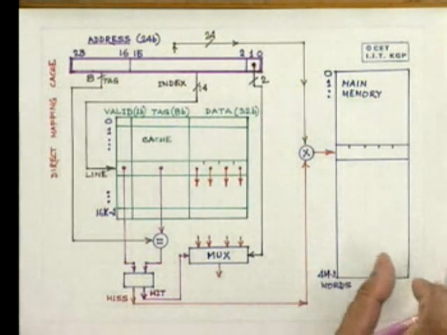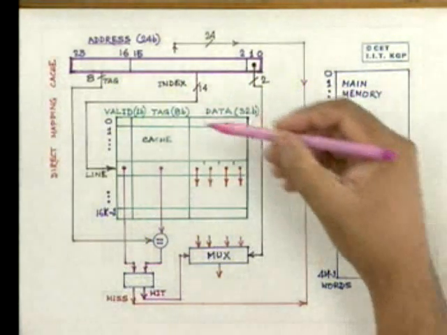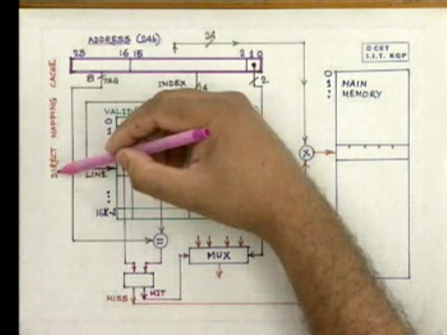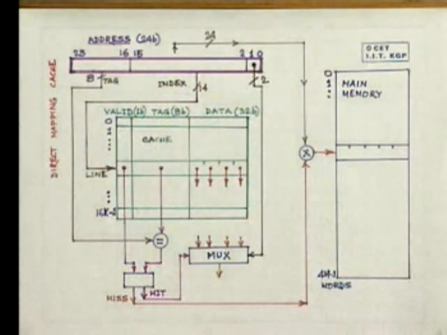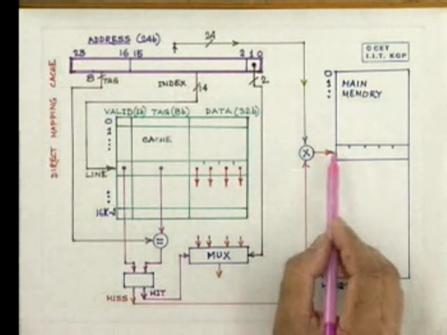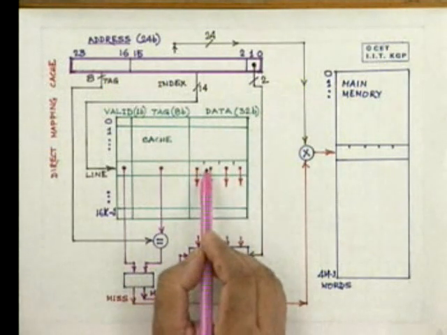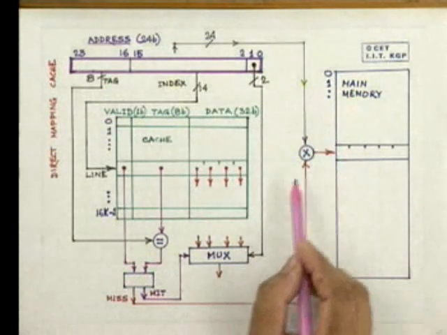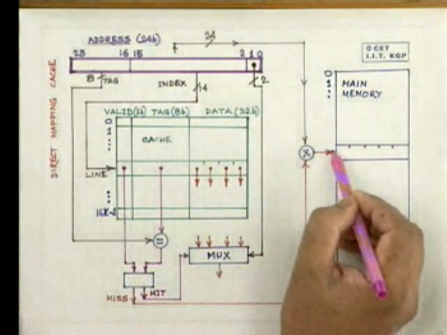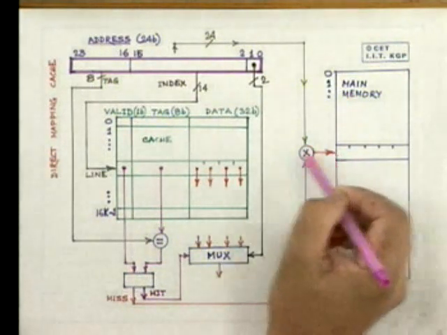Now let us see in these terms what our gain will be, how much we gain. But before that, let me remind you once more that this is called a direct mapping cache, because a particular block is mapped into a particular line of the cache, depending upon the formula that has been given.